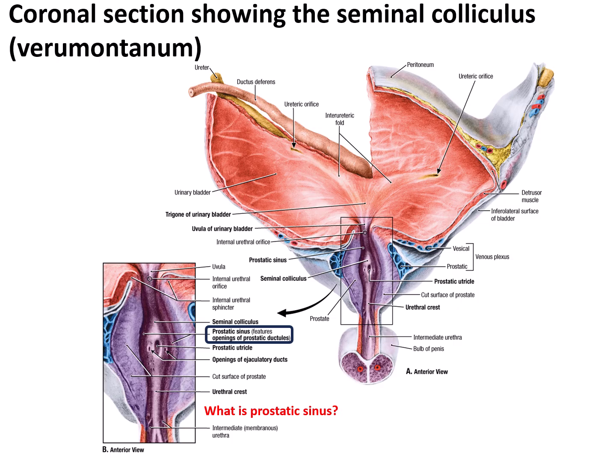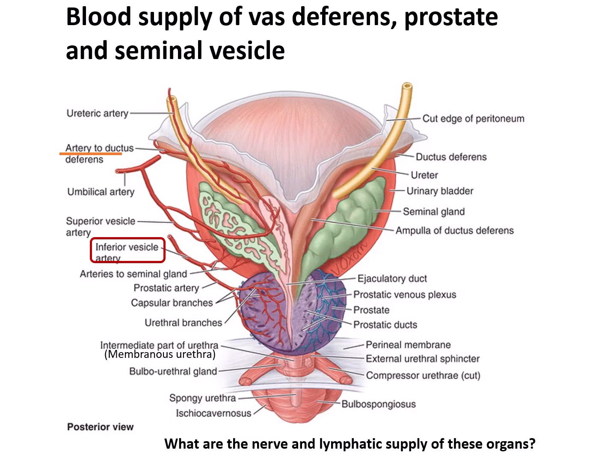Here is another image which shows the seminal colliculus or verumontanum and the structures which open into it, as I mentioned before. Here is a slide showing the blood supply of the prostate and other structures, like the seminal vesicle laterally, and the vas deferens, or you can say the dilated part of the vas deferens here, which is called the ampulla of the vas deferens.